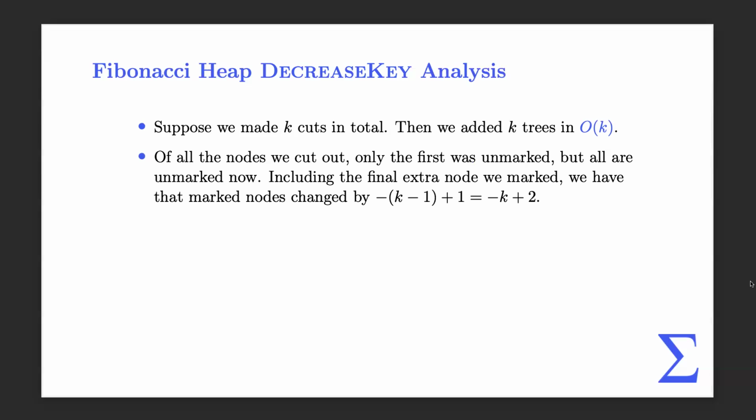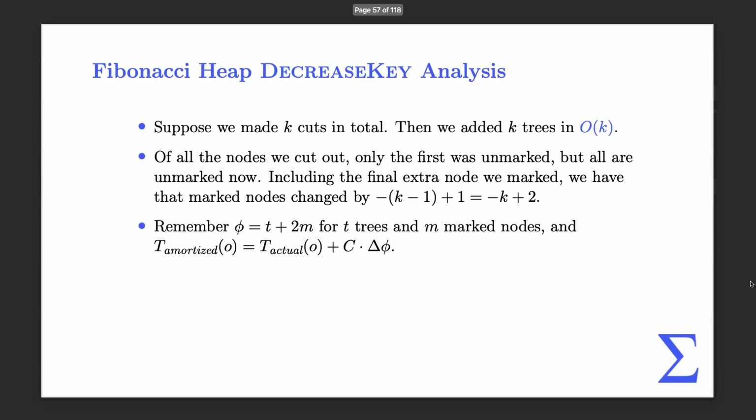So this is basically algebra: the number of marked nodes changed by the number that we cut out and the one that was newly marked. So the change in marked nodes is minus k plus 2. And then this was our potential function that we picked that wasn't actually random.